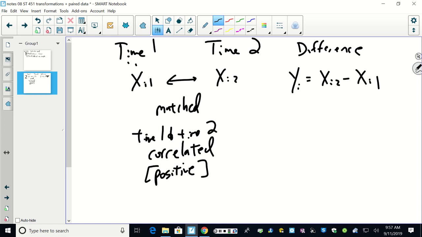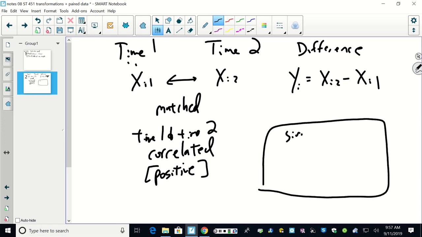In other cases, we might just have a single sample, and then we'll have our measurements y1, y2, up to yn. We might just have a single sample and just be studying a population, and then we want to know something about that one population, right?